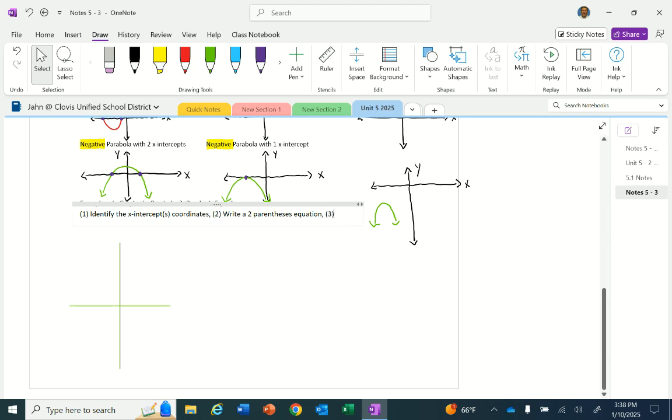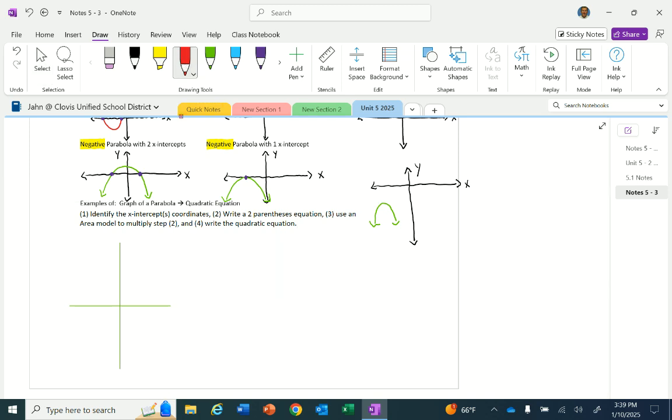Then, step number 3 is you're going to use an area model to multiply step 2. So whatever you get in step 2, you're going to use an area model and multiply it. Then, number 4, you're going to write the quadratic equation. Okay? All right.